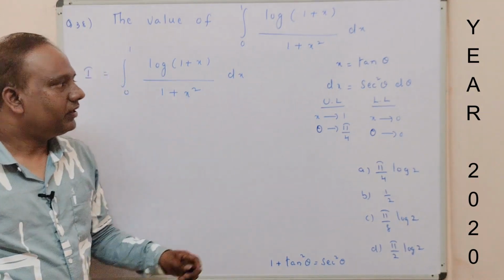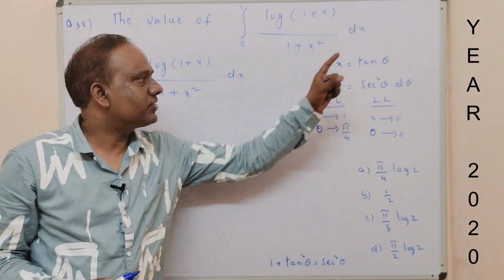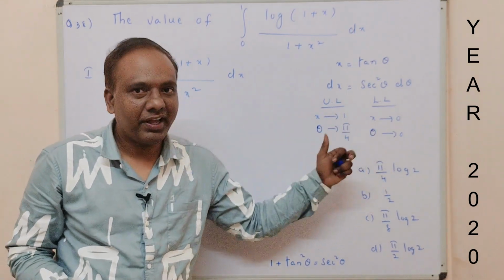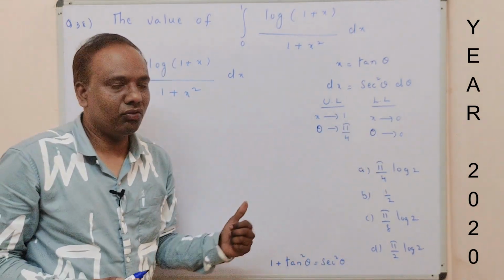Continue here. I'll substitute the values: x is equal to tan theta, with the upper limit and lower limit. This one I already explained before.